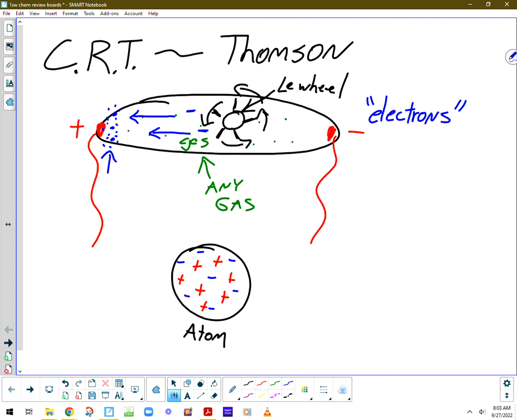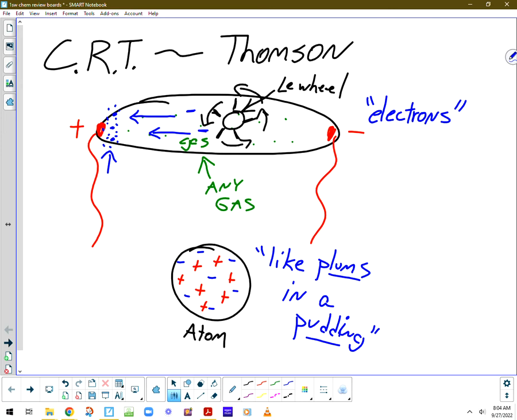So he just said an atom is probably sphere-shaped, probably has positive and negative charges in it, but they're just haphazardly thrown in there, like plums in a pudding. So we nicknamed this model the plum pudding model.